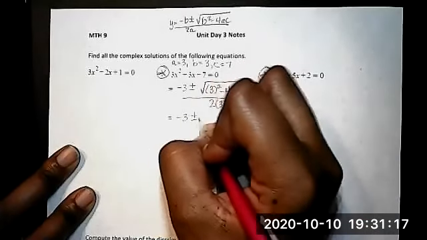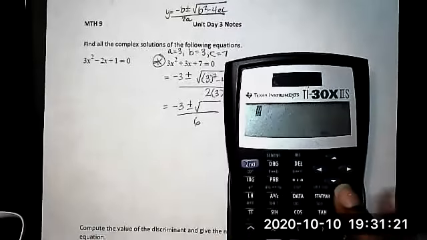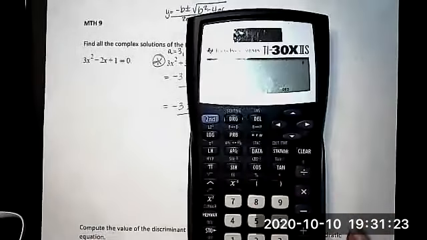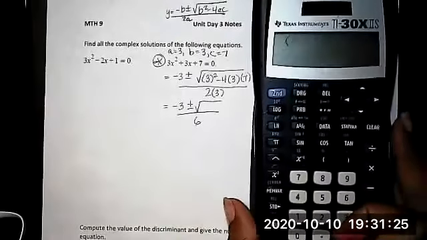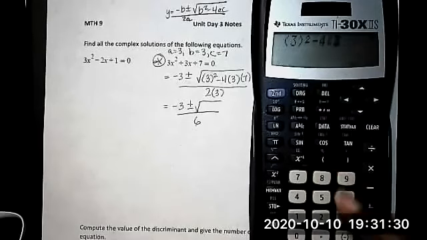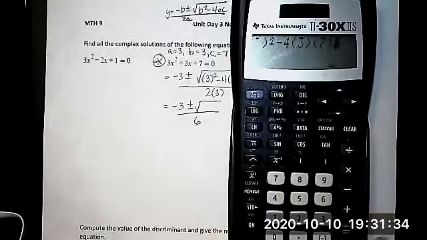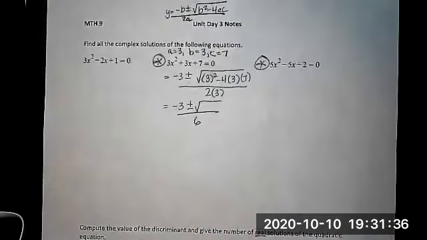So it's going to be negative 3 plus or minus something over 6. And let's look and see what that something is. So this is going to be 3 squared minus 4 times 3 times 7. Okay, enter. I got negative 75.